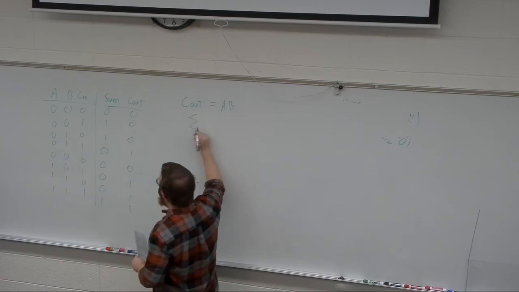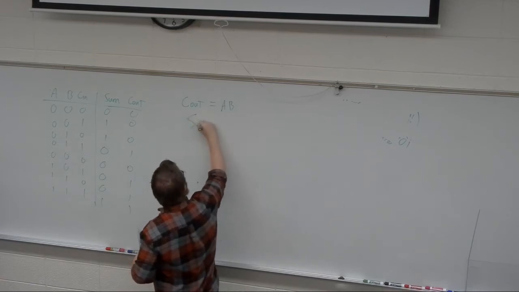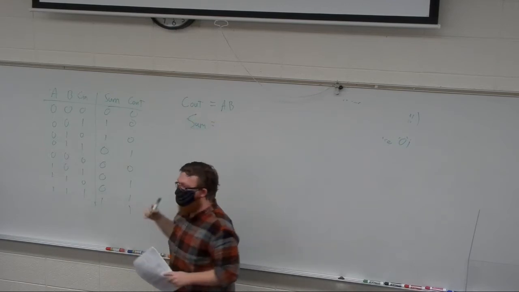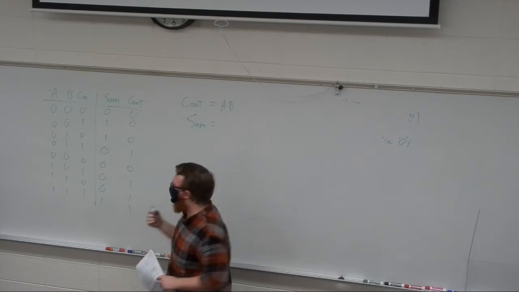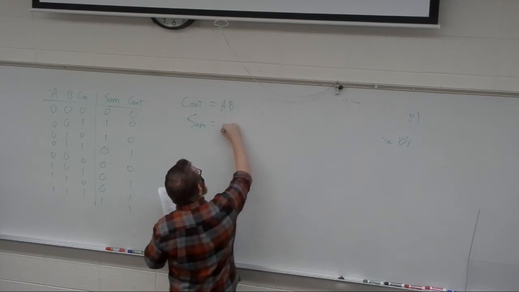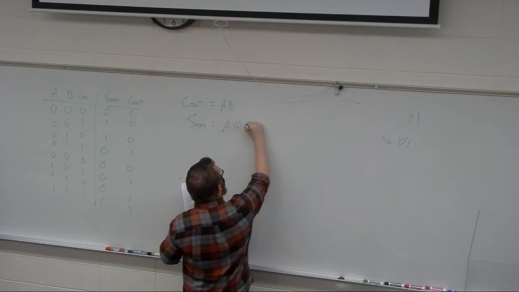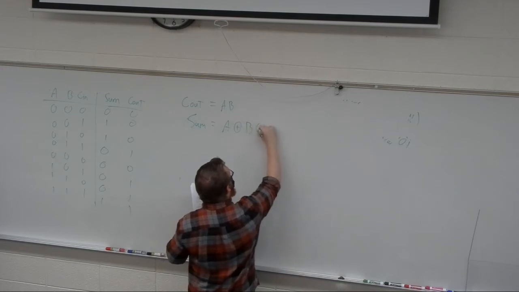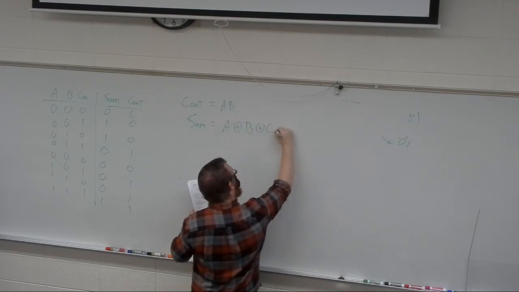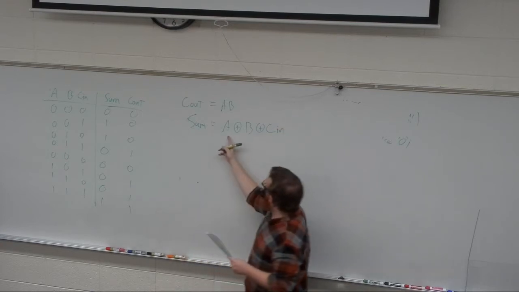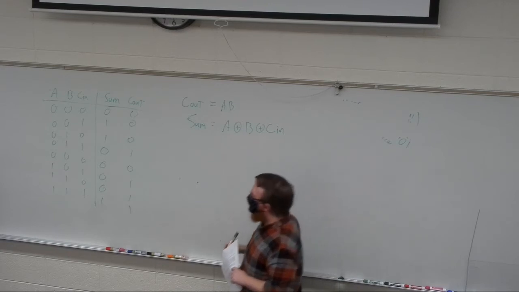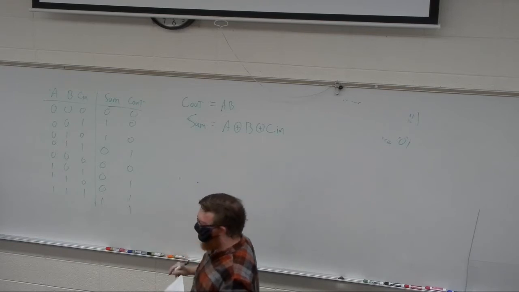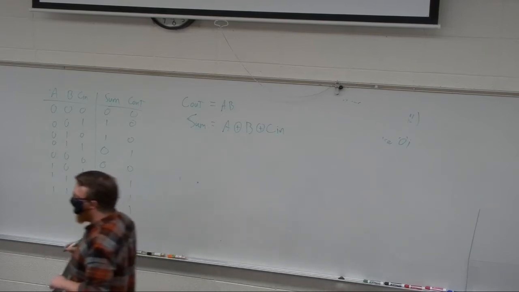Thinking the same way, the sum can be expressed as, and I think one of the homeworks asked you to prove this. Maybe we haven't gotten there yet. It's just A XOR B XOR C. And you can actually get that from this truth table. So I'll leave that to you to prove it.